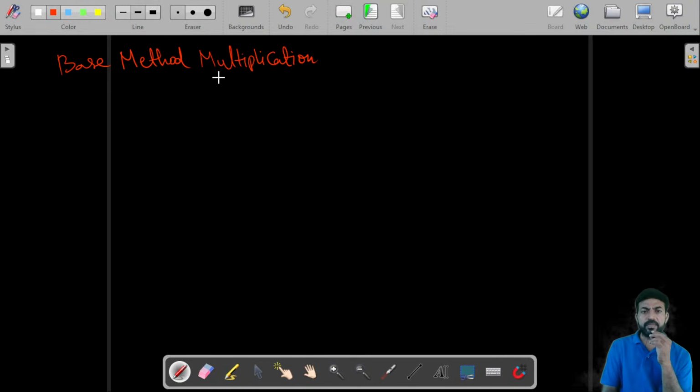Base method multiplication, different bases.